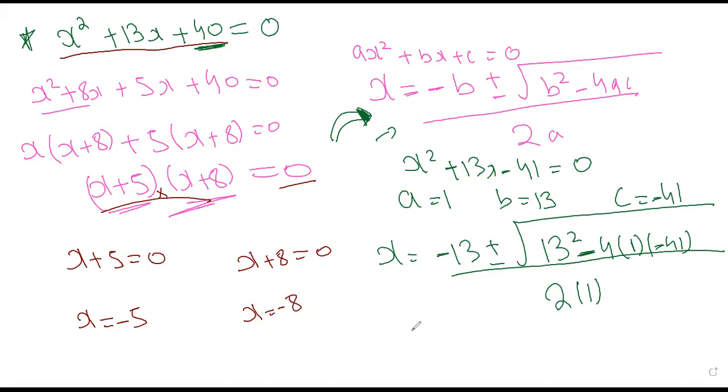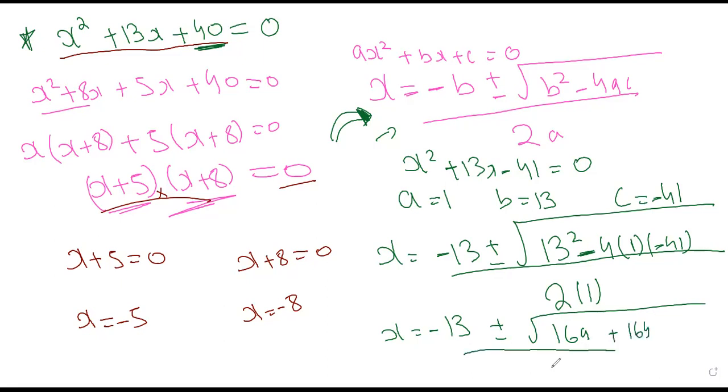So I will have x equals minus 13 plus minus under root 13 square, which is 169, minus 4 into 41, which will give me 164, divided by 2. And 169 plus 164 would be 333.